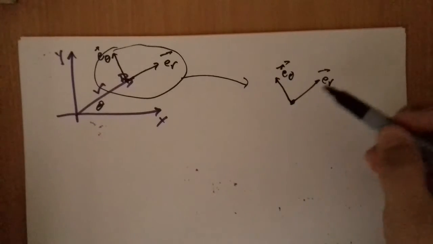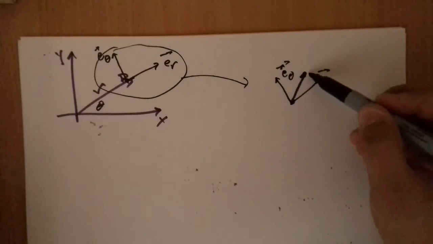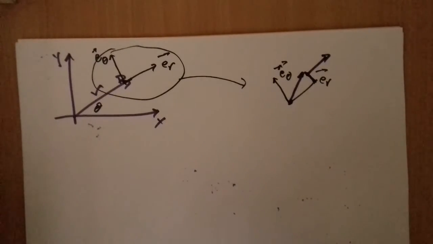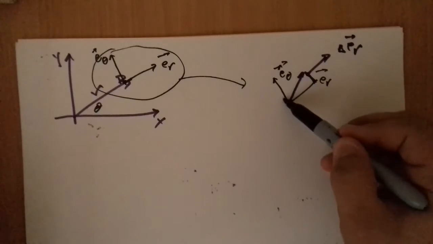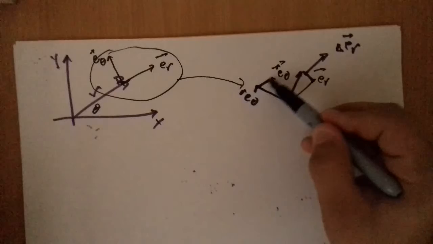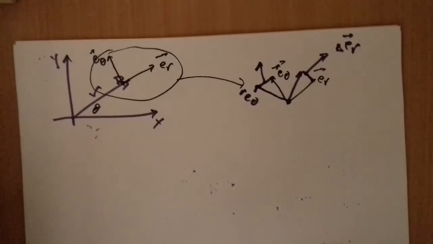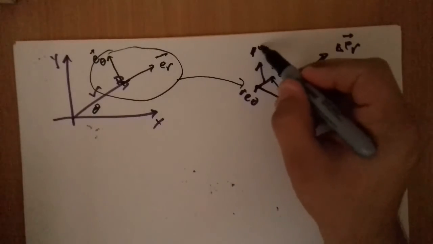So e r is moving for this distance, which is delta e r, and e theta is moving for this separation here, which is delta e theta.